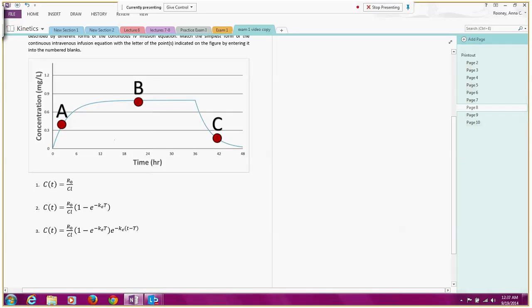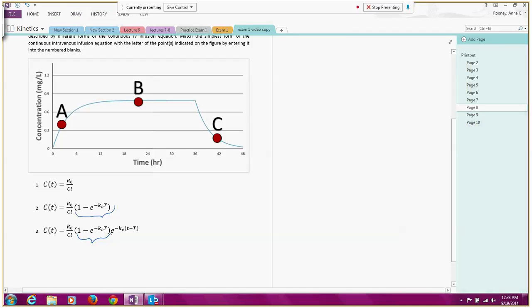This is your concentration steady state. So what is your concentration steady state? It doesn't have an accumulation factor and it doesn't have an elimination factor. Number 2 has an accumulation factor. So this is the accumulation factor and this is the elimination factor. Let me do that in a different color.